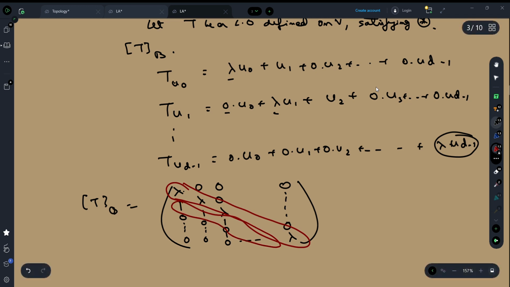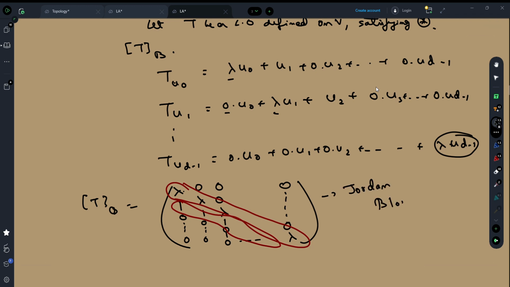This very matrix is called the Jordan block associated with the eigenvalue lambda, and often this is denoted as J lambda.